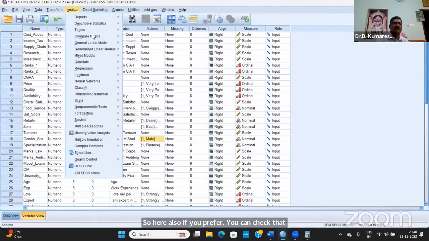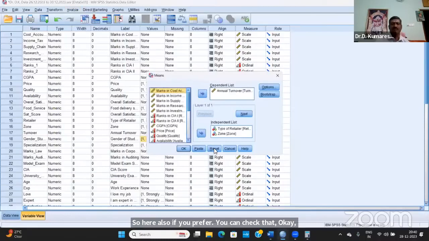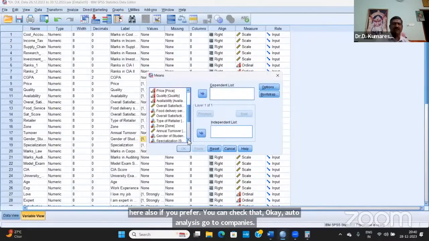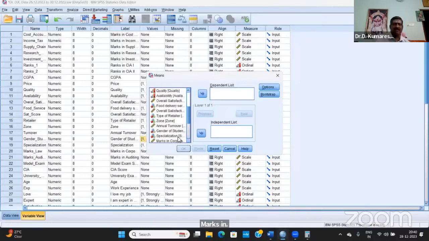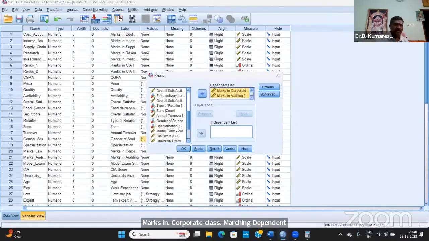Again, go to analyze, go to compare means. Now, marks in corporate law, marks in auditing, dependent, gender and specialization are independent.